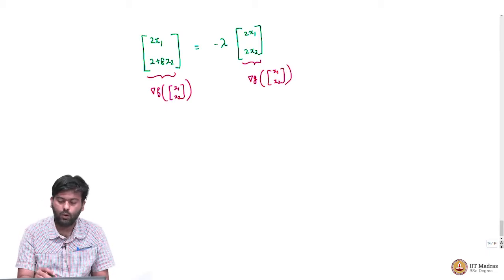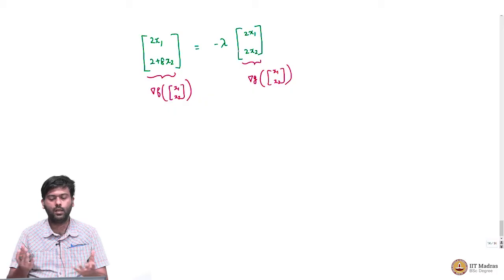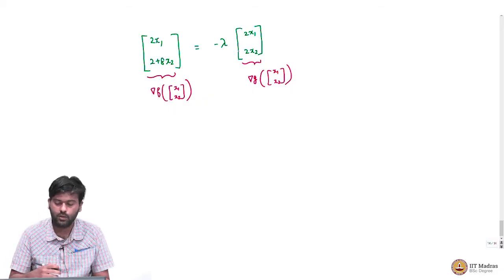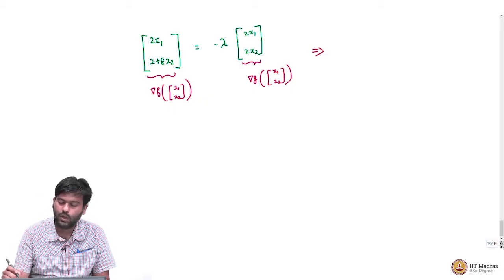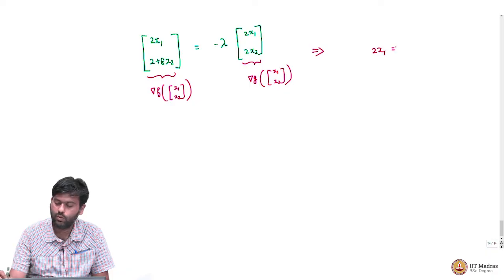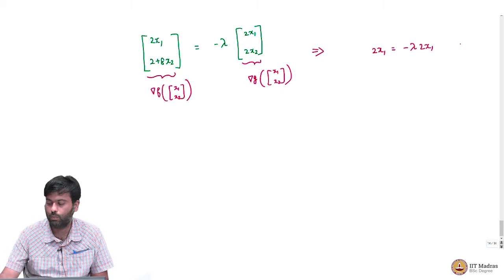Now, this simply says that we have a system of equations. So, 2x1 should be minus lambda times 2x1, that's equation number 1, and 2 plus 8x2 equals minus lambda times 2x2, that's equation number 2.